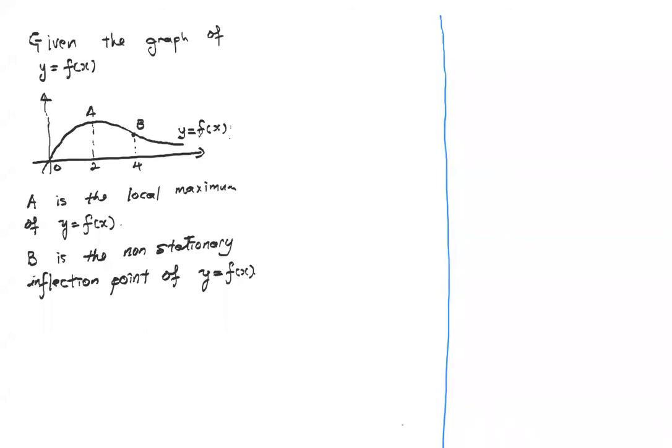Have you ever thought about it? For the past few lessons, why do we need to sketch the graph of f'(x)? You can get the stationary point of f'(x), correct? If you get the stationary point of f'(x), the x coordinate of that stationary point of f'(x) will be the x coordinate of the inflection point of f(x).